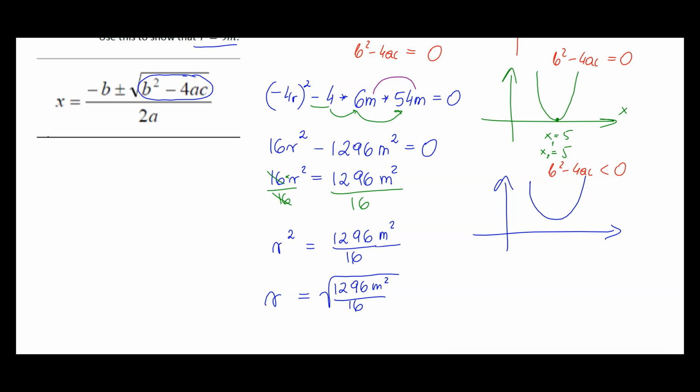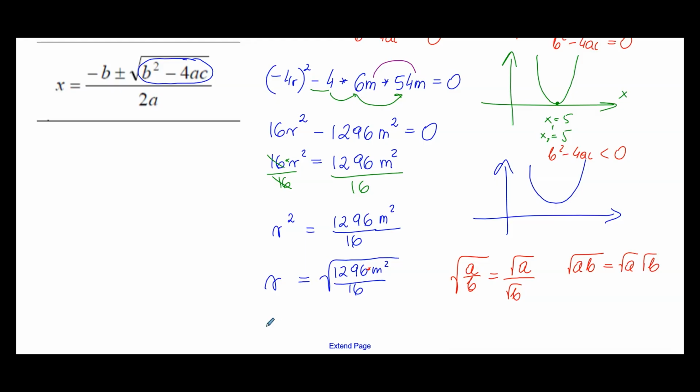Let's not forget that if I have a fraction under the root, I can write each top and the bottom under a separate root. Now, if I am considering the top of the fraction, so if I have two numbers that are multiplied under the root, I can write them as a separate multiplication.